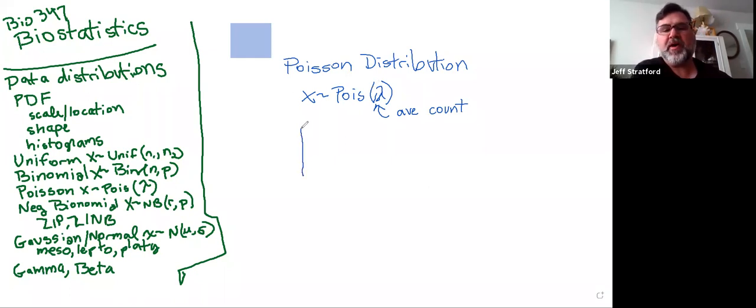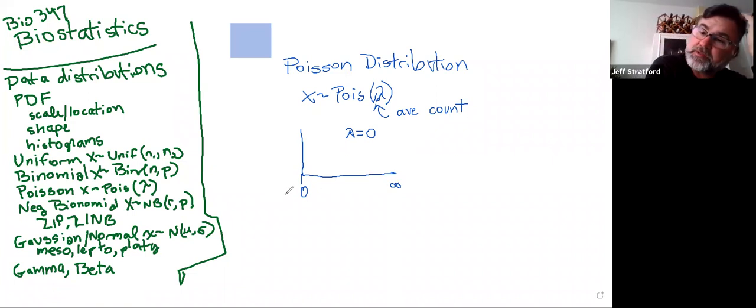If we look at a histogram of outcomes, when lambda is close to 0, well, here's the thing, you have from 0 to infinity, you can't go below 0.